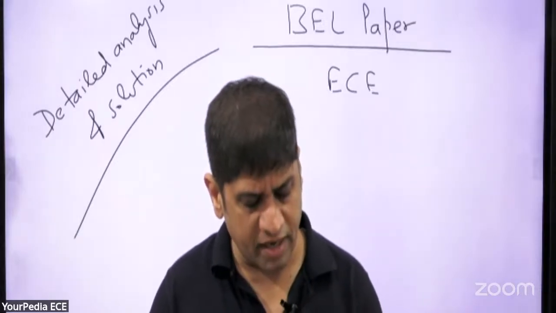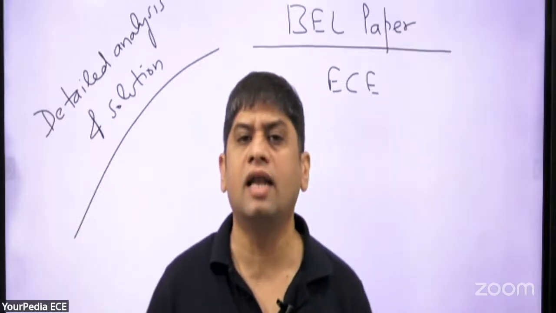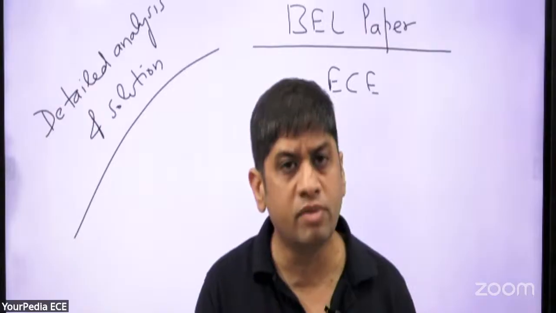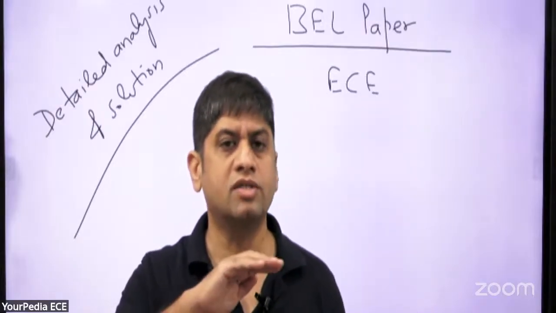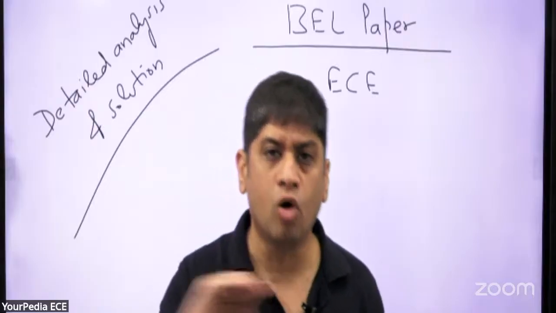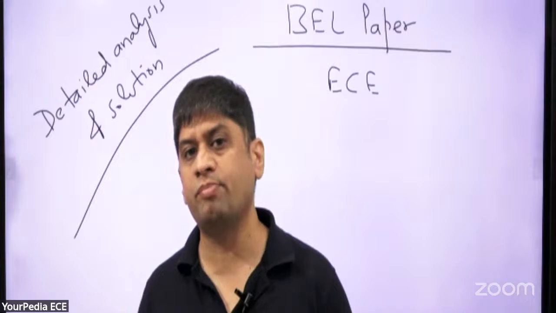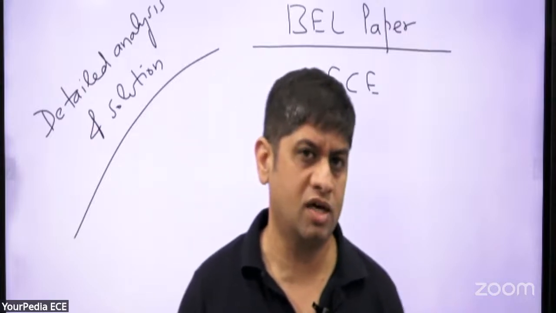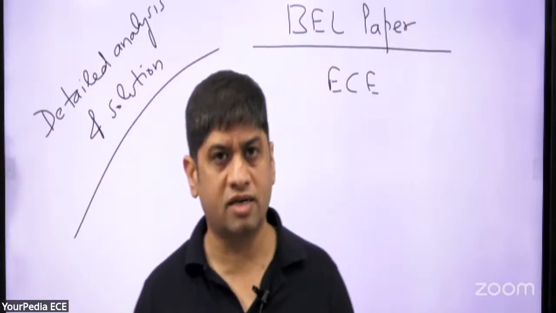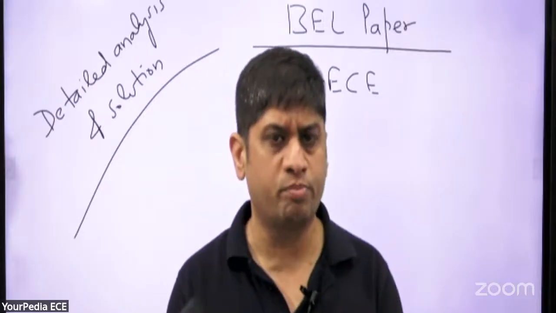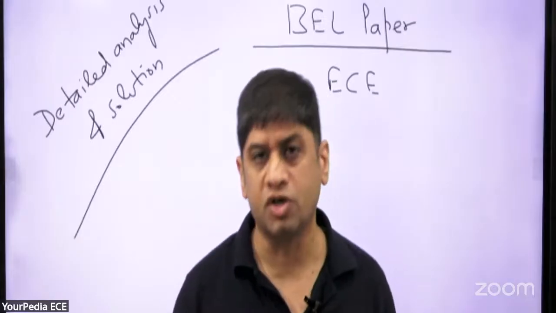As per my understanding and feedback, the difficulty level of this paper was similar to the previous years of Bharat Electronics Limited. This was average, moderate difficulty level. This was the engineering paper, with a format of one minute per question, and on that basis we predicted that the question paper would be pretty simple, not ticklish, not difficult, and that was true.